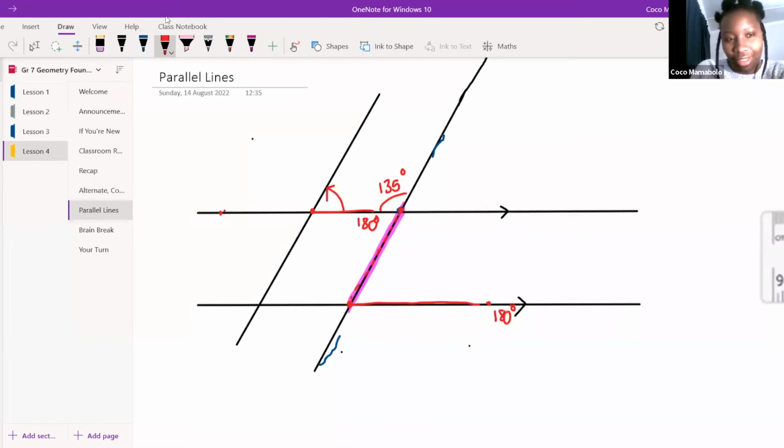Yes, Sisonke, sorry. I didn't forget, I'm just speaking very fast. I want you guys to measure that angle over there for me. Put that answer in the chat once you've got it.